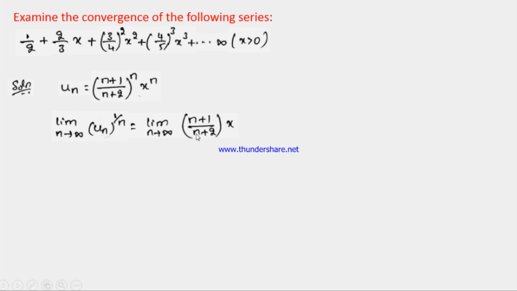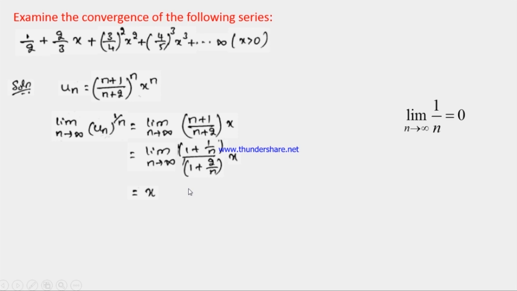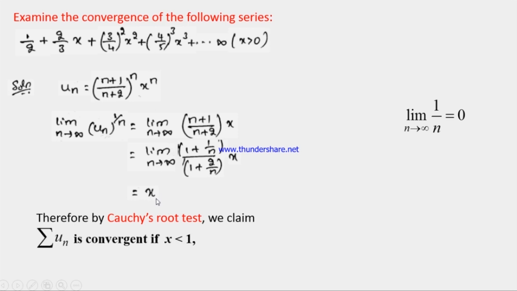So take n common in both the numerator and denominator, and you will get it is (1 plus 1 by n) divided by (1 plus 2 by n) into x. Now as n tends to infinity, we know 1 by n becomes 0, so it just gives x again. So by Cauchy's root test, once again we claim it is convergent if x is less than 1, divergent if x is greater than 1, and test fails if x is equal to 1.